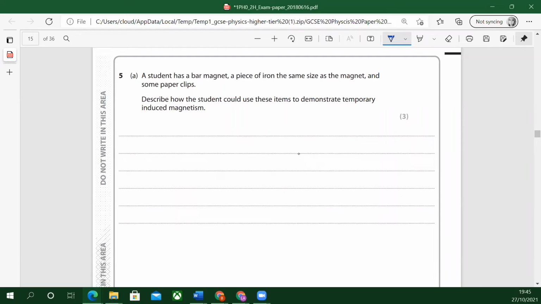So what you could do is stroke the iron. You can do this with like a fork or spoon in your kitchen. So stroke the iron with the magnet to induce magnetism.